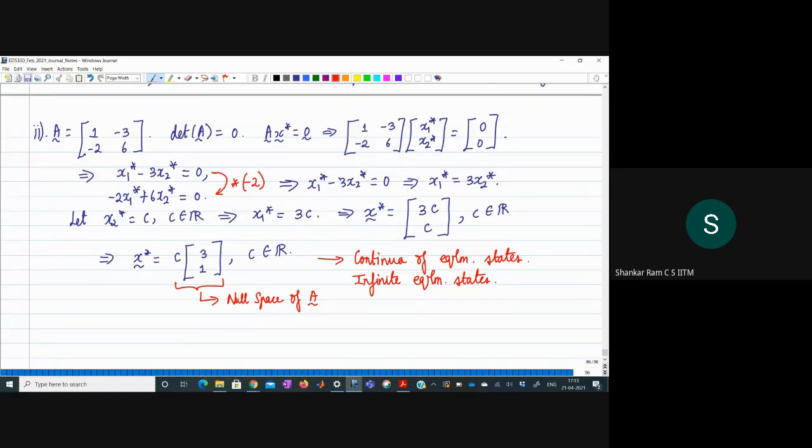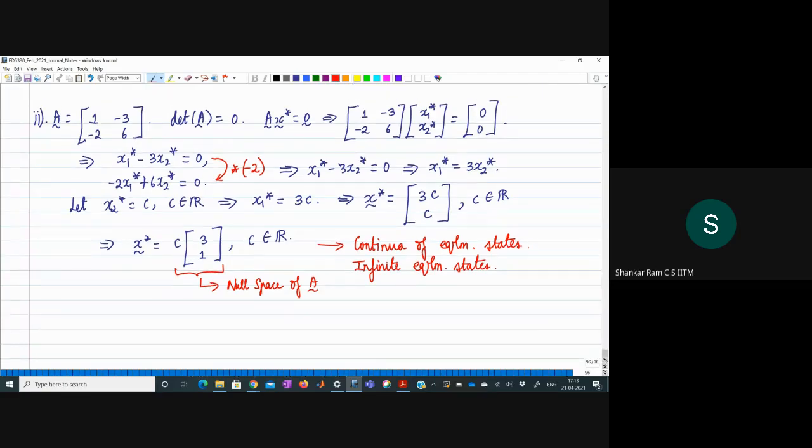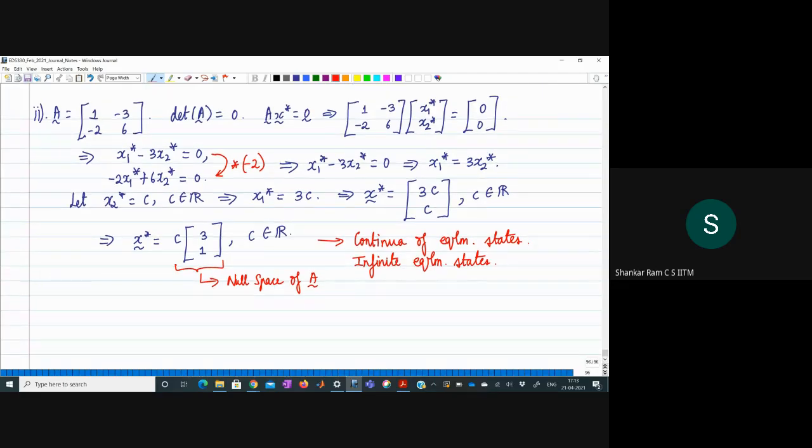Why do we have an infinite set of equilibrium states, and why do we call this a continuum of equilibrium states? That is the result when the matrix A is singular. So in summary, for linear time invariant systems, when we talk about equilibrium states, there can be two sets of equilibrium states.